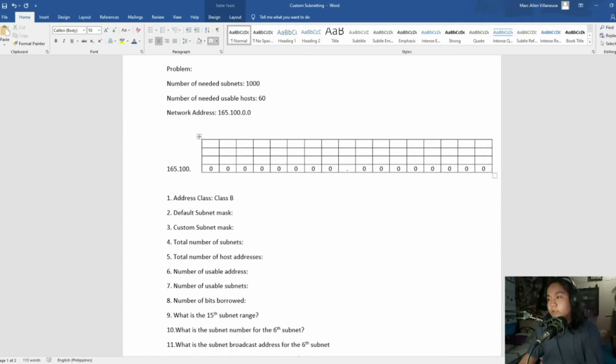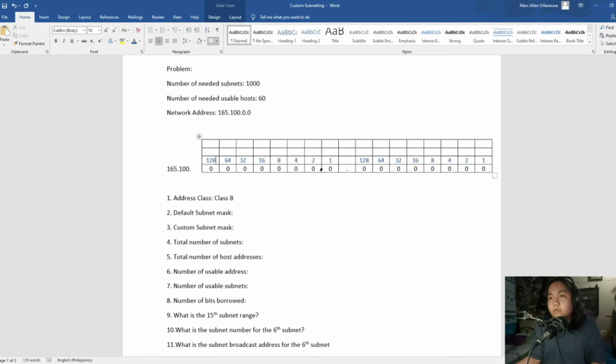The decimal value is here: 1, 2, 4, 8, 16, 32, 64, and 128. And here we repeat from 1, 2, 4, 8, 16, 32, 64, and 128.